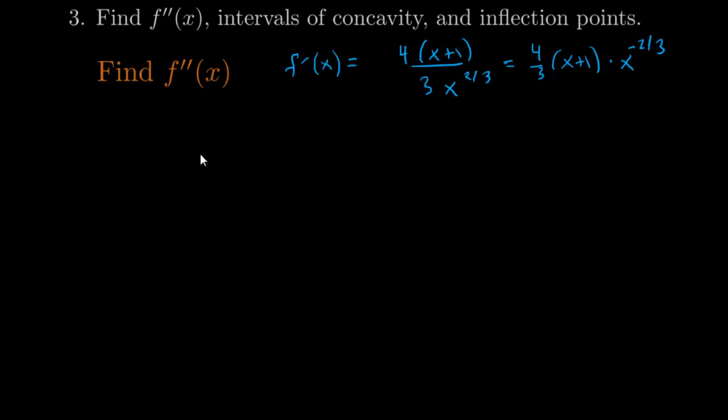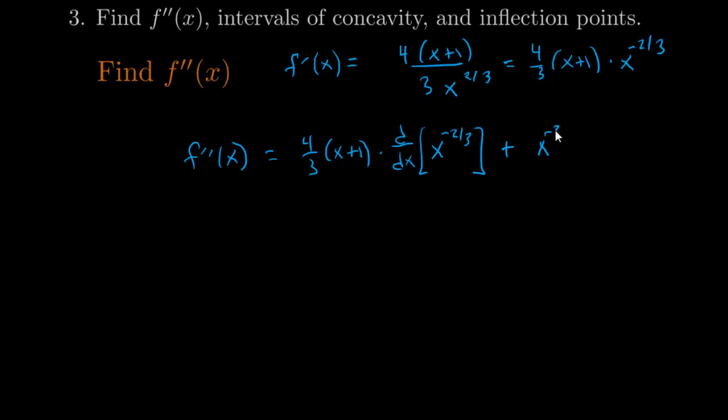Okay, so the second derivative. We're going to do a product rule now. We're going to leave the first piece alone, multiply by the derivative of the second piece, which is that x to the negative 2/3. Plus, you're going to leave that second piece alone, multiply by the derivative of the first piece.